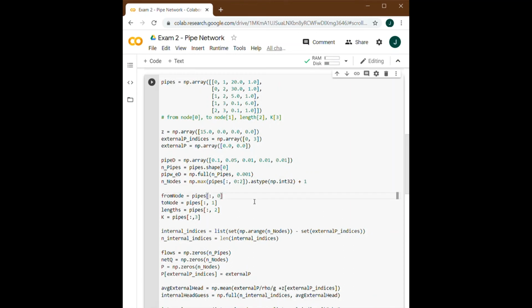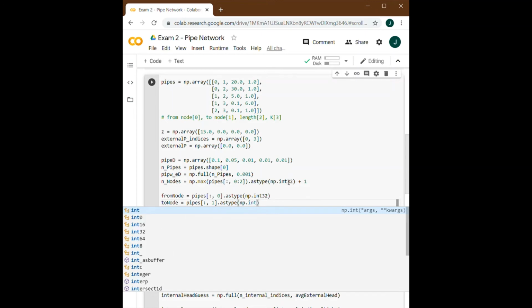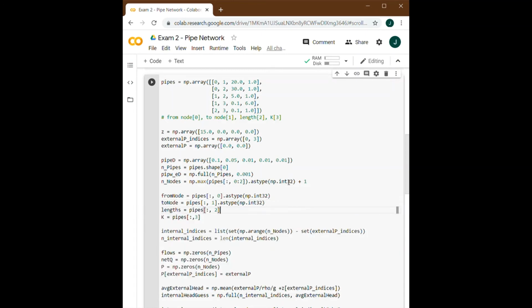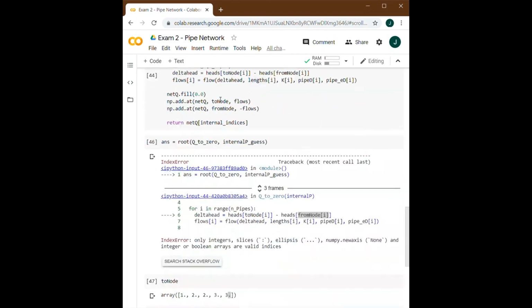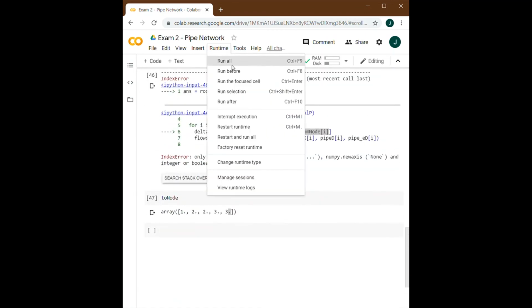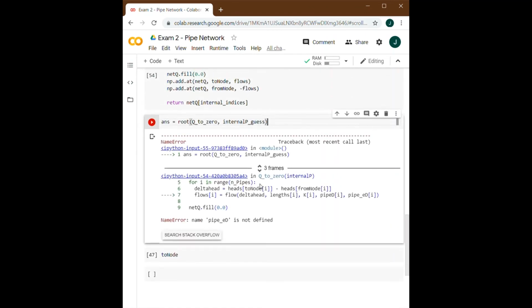The way we do that, just like we did with the number of nodes here, is astype np.int32. We're going to do the same for this one, astype np.int32. So hopefully, if we hit run all, okay, we have another error. We have pipe ed is not defined.